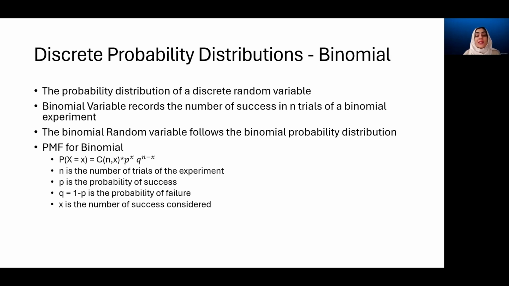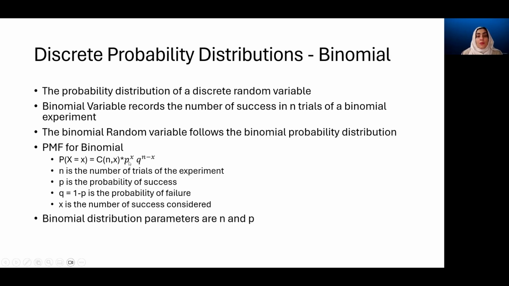X is the number of successes considered, the value of the random variable for which you're trying to find out the probability. In our case, we wanted to know what is the probability of having 30 girls among the 50 people who were observed. So in our case, X is equal to 30. Now, we can substitute these values here.